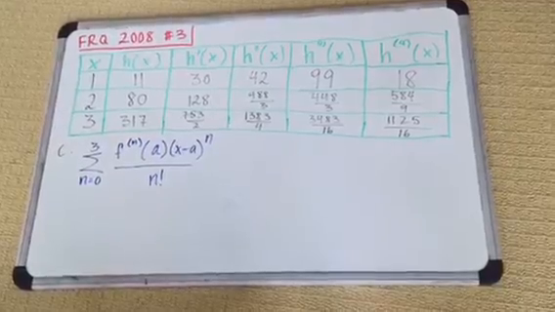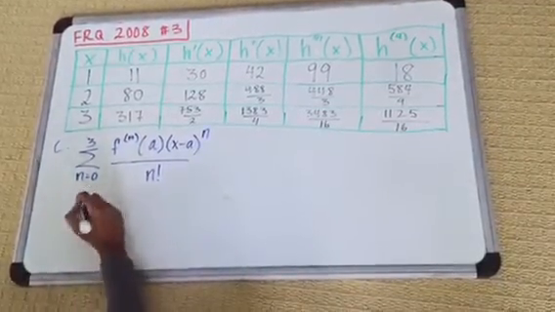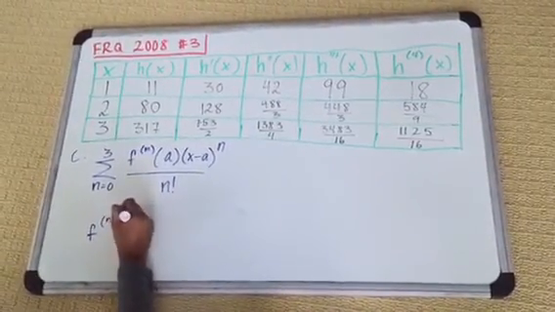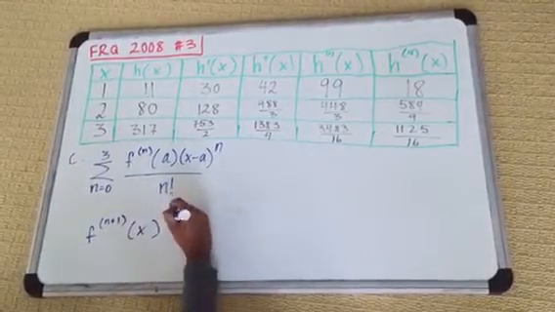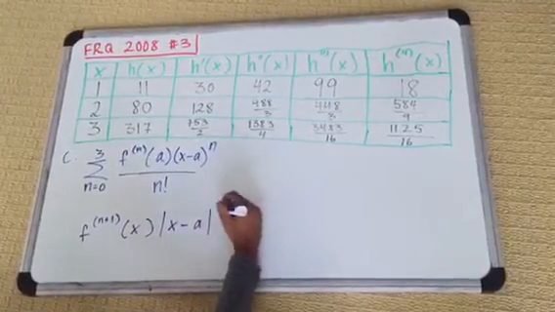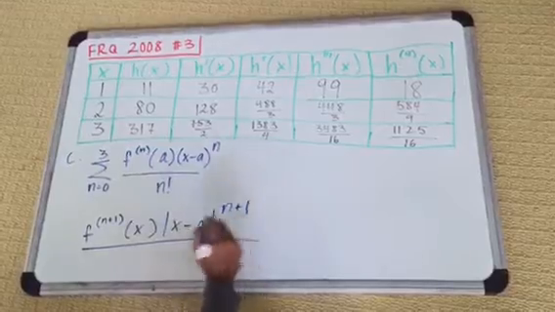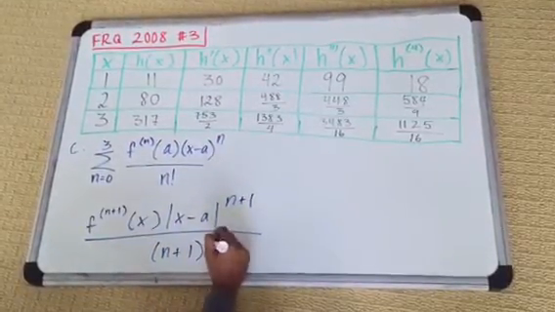Okay, so the formula for Lagrange error is f^(n+1) of x times the absolute value of x minus a to the n plus 1, all over n plus 1 factorial.